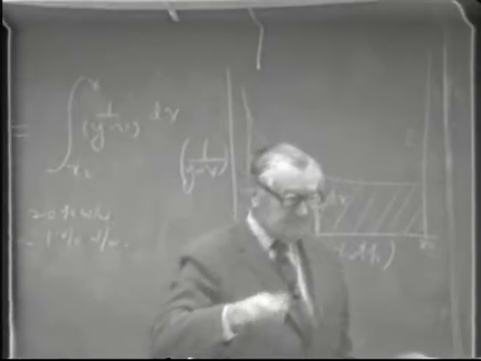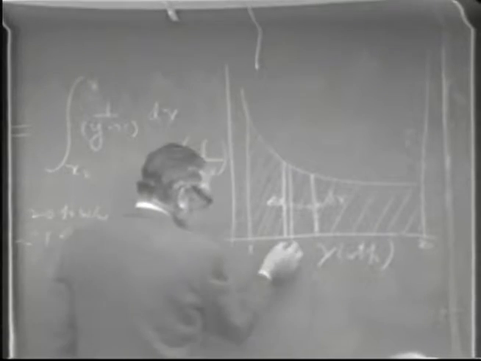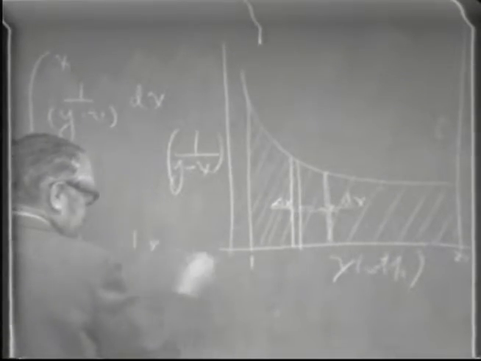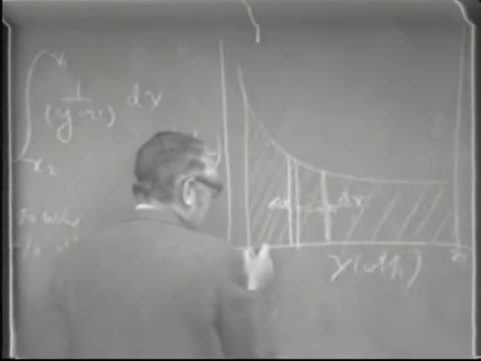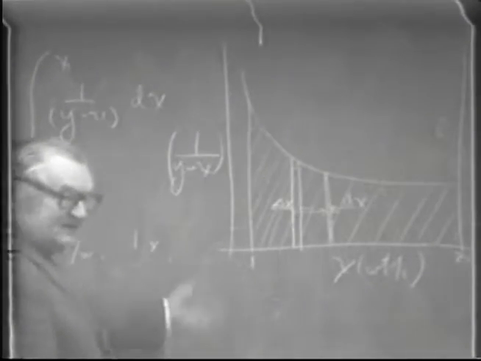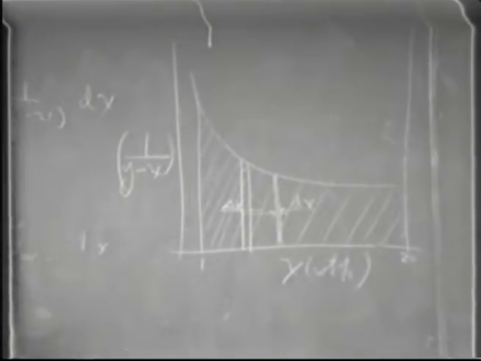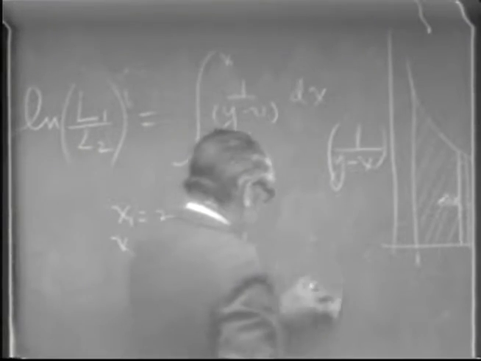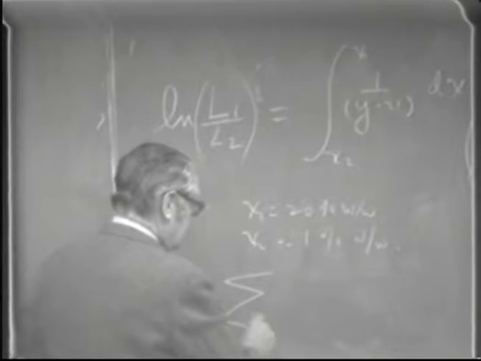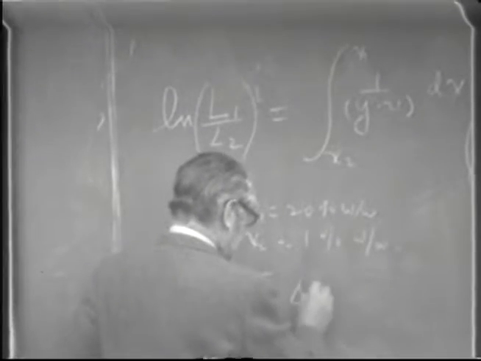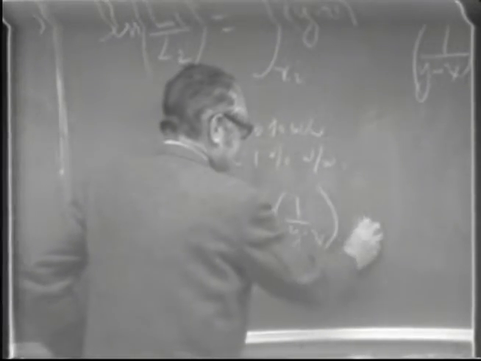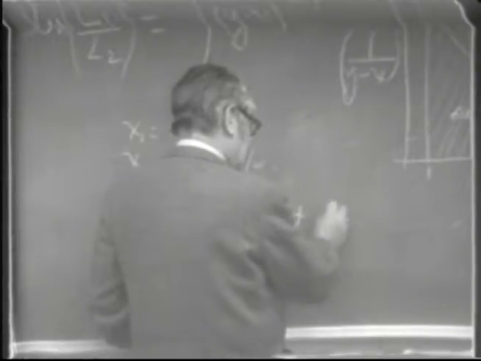The product of a certain dx, like you might take 1 times whatever this height is at 1%, and then 2%, and 3%, and you add it all up out to 20, and that'll give you approximately the integral by taking a summation of delta x times 1 over y minus x at let's say 1% intervals.